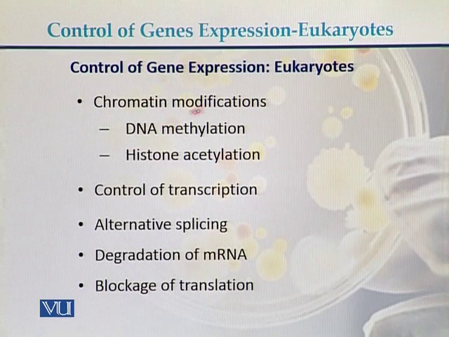DNA is methylated, histone is acetylated. Control of transcription, alternative splicing, degradation of messenger RNA, and blockage of translation. So these are all checkpoints where gene expression in eukaryotes can be controlled.